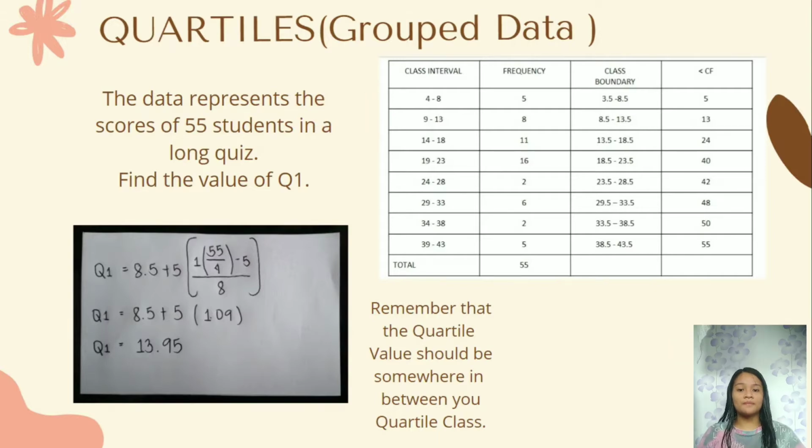The next step is to substitute the needed information into the quartile group data formula.